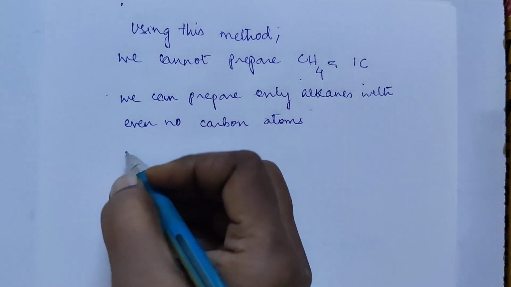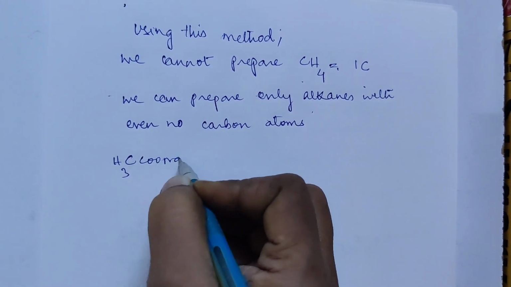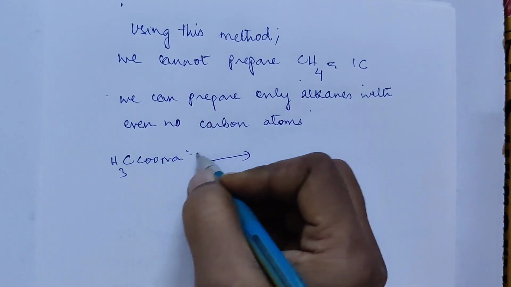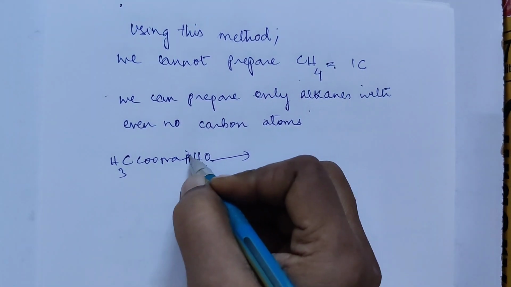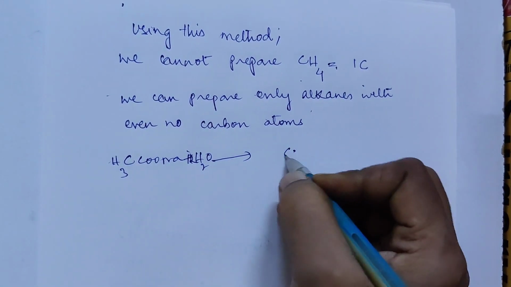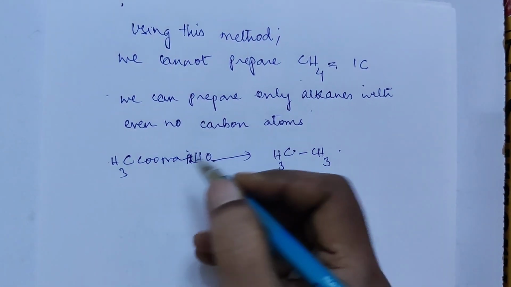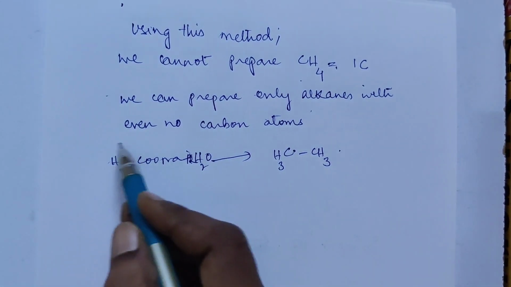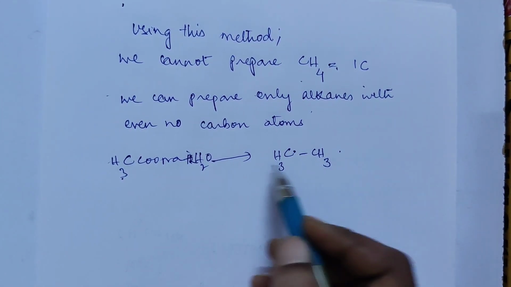We have seen that from sodium acetate, on electrolysis of the aqueous solution, what we are going to get is ethane. Carbon dioxide is lost, and if we have 1 carbon atom over here, then we are going to get 2 carbon atoms.